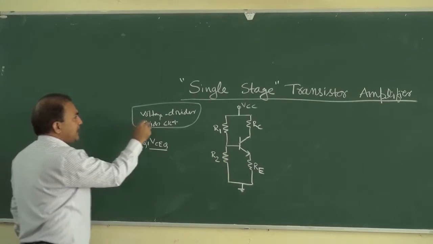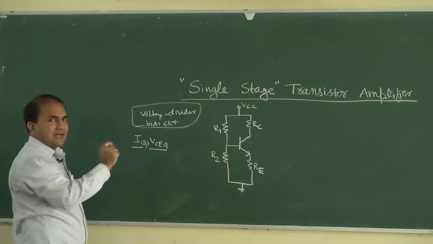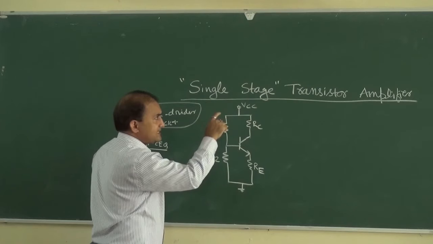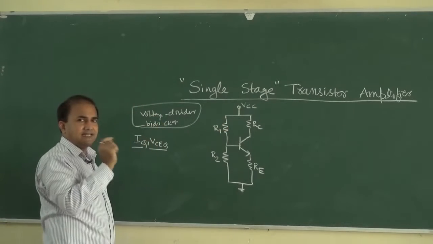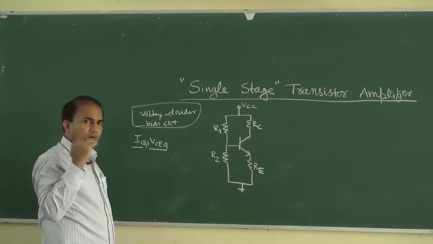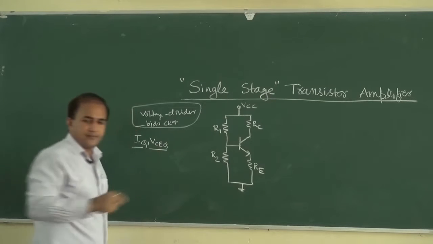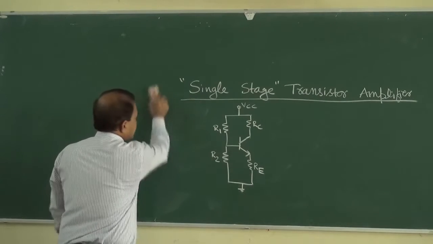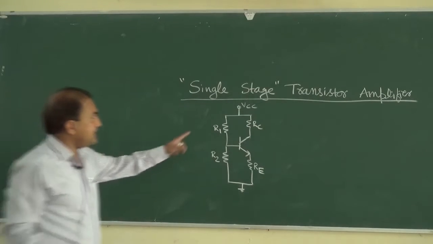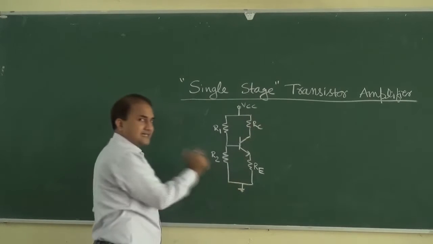So we are generally using voltage divider bias circuit in designing any amplifier circuit, because here IC and VCE both are almost independent of beta. Okay, so this is voltage divider biasing circuit.